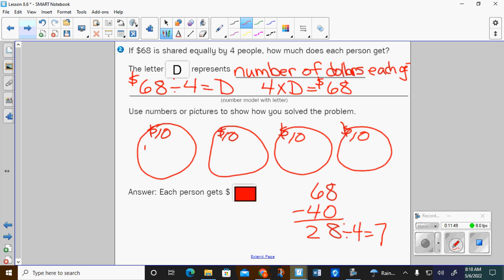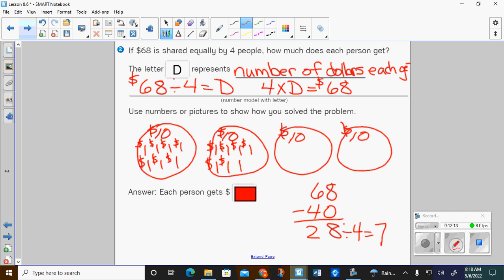So each person would get then 1, 2, 3, 4, 5, 6, and 7. And I could go ahead and put that to show in my picture how many dollars each person would get.